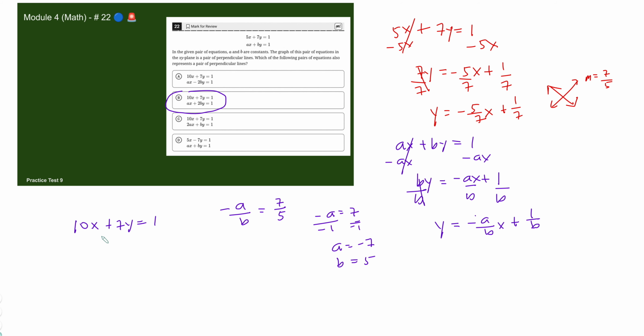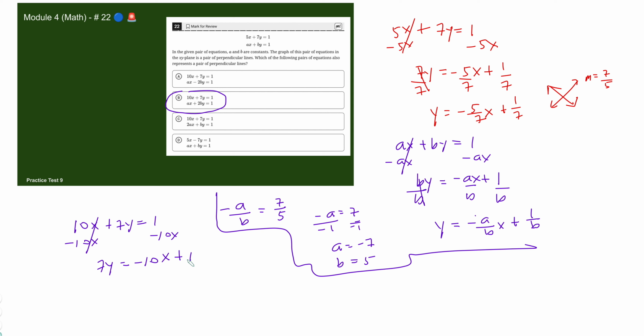Then minus 10x, so 7y equals -10x plus 1. Divided by 7, y equals -10/7x plus 1/7.